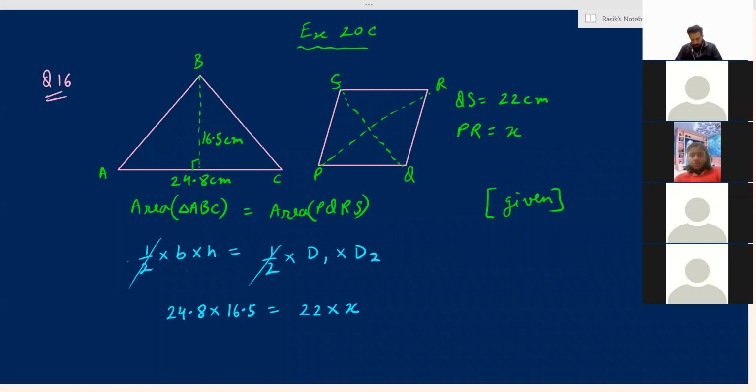Sir, the answer is 18.6. Post your answer in the group, all of you. Sir, just doing the 16 and sending it.